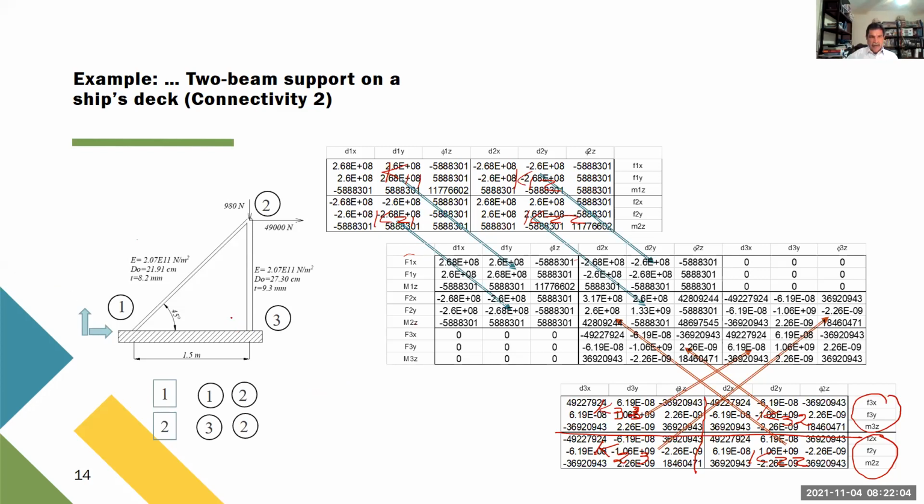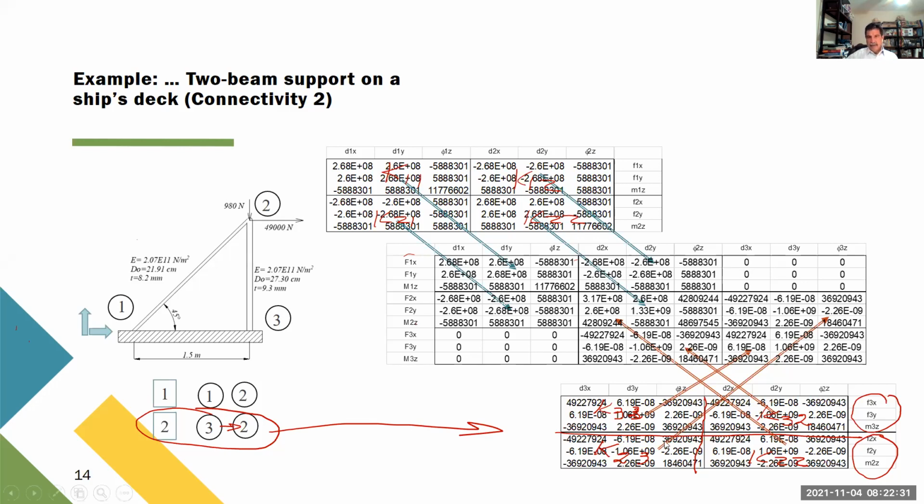If this is the way you have defined your element, from 3 to 2, that imposes the order of these elements, of this part of the matrix. You cannot change that.